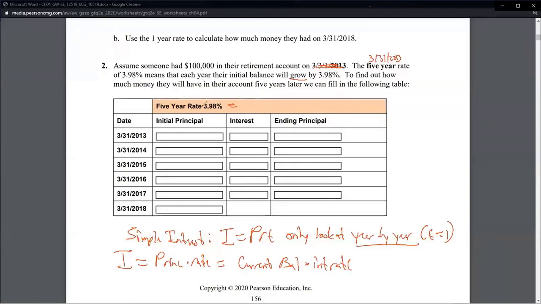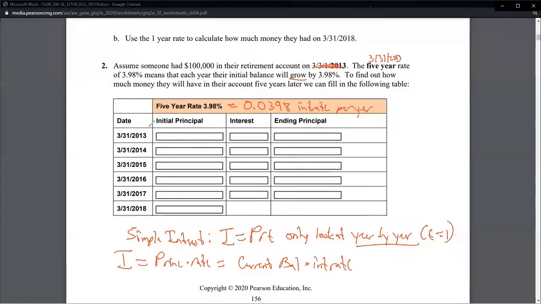So its decimal goes left twice, which becomes 0.0398. You cannot use it as a percentage unless you're doing your work in Excel. Excel can handle percentages, but our traditional math can't. So this is our multiplier. This is our interest rate per year.